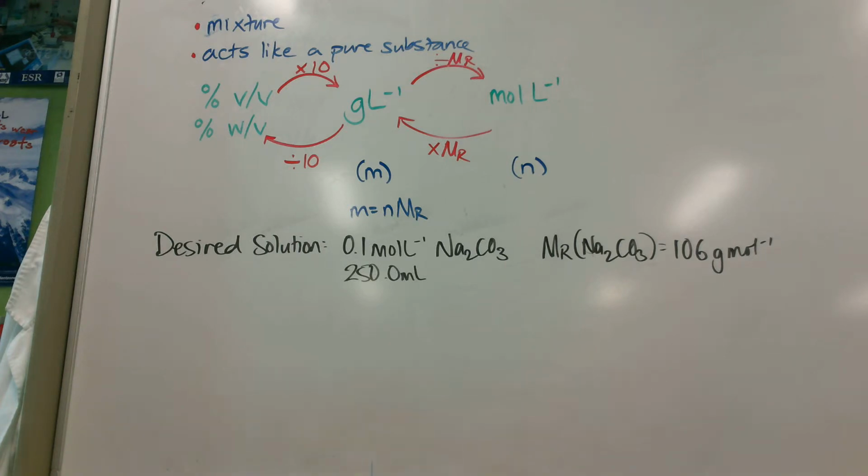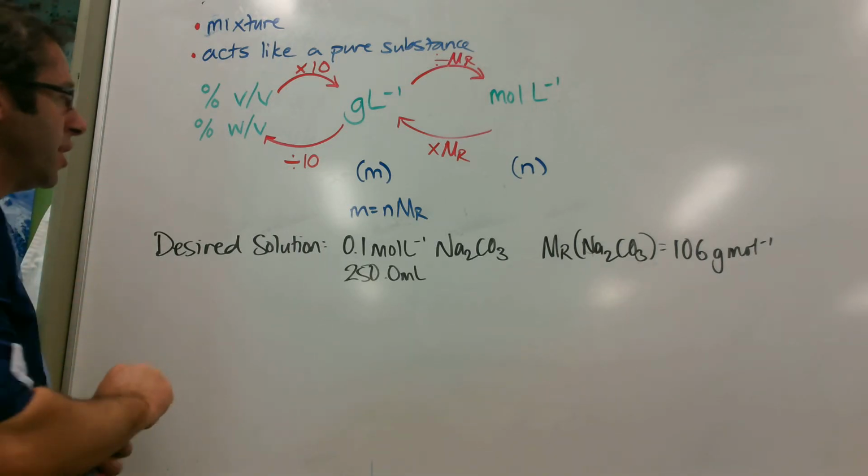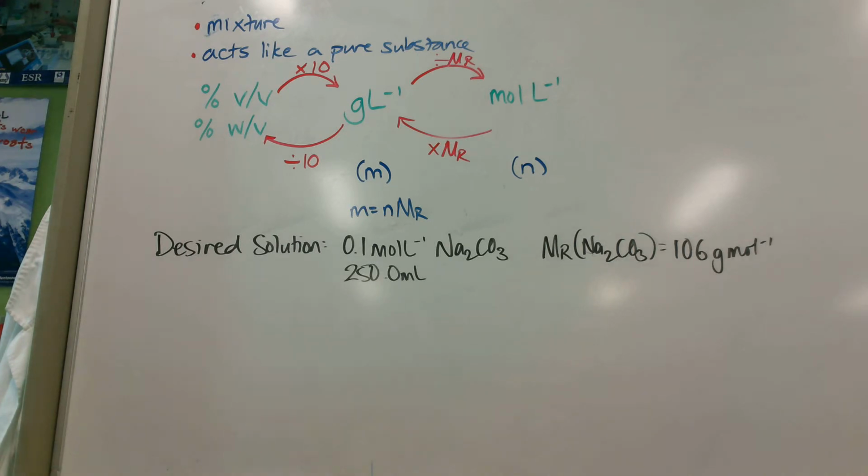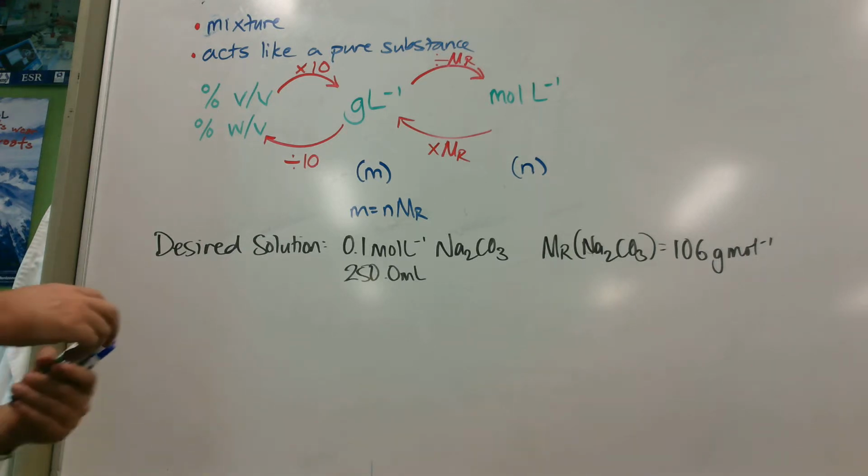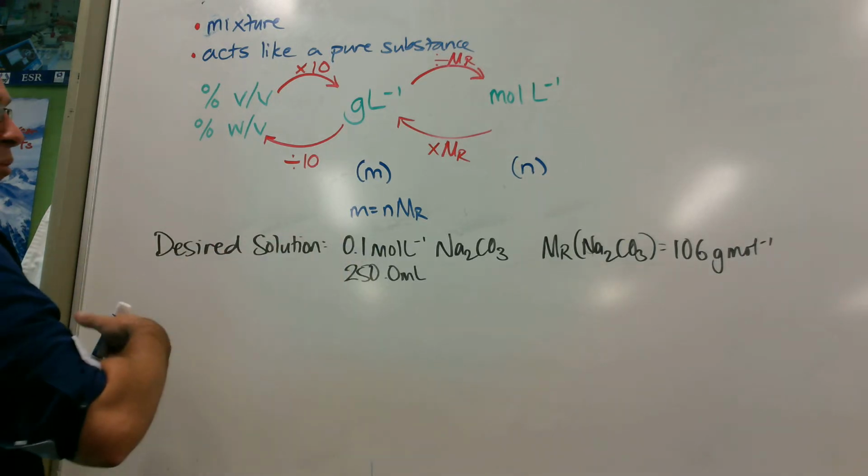We could even argue 106.0 if you wanted to go to 4. So we had that information. That's all we knew. We knew what we were after. We had scales so we could weigh out a mass. So we worked out how much we wanted to weigh out, and we found that we needed to weigh out 2.65 grams.